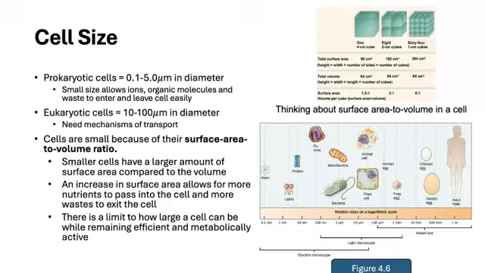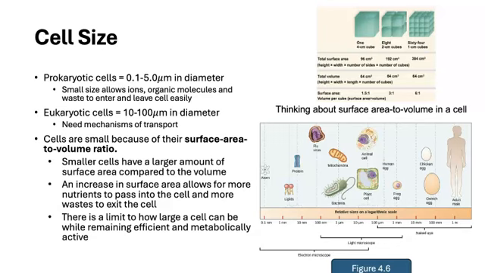And typically the smaller an organism is, the more easily we'll be able to have structures enter and exit the cell, so we can more easily get nutrients and get rid of waste products. Whereas when we have something that typically is more multicellular, like our eukaryotic cells, we need more mechanisms of transport. So more on that later on.